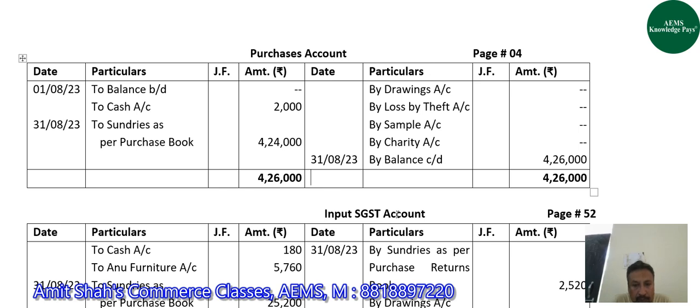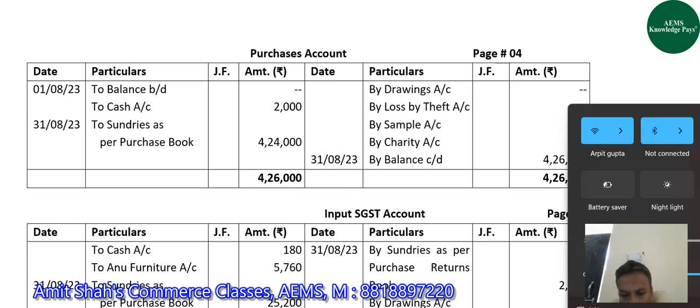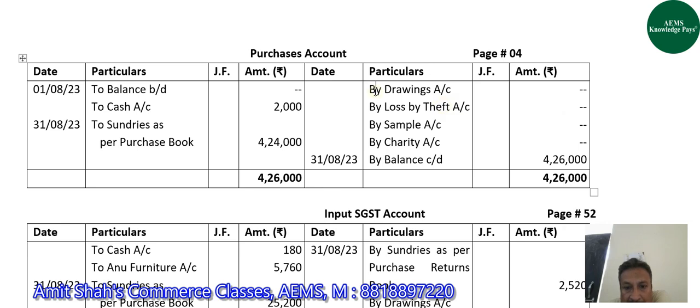Sir, in the ledger, all the cash transactions are there, not the credit ones. Sorry? Yes, Aryan? Sir, but the purchases we have made on credit are not in the ledger. This one you're talking about? Sir, these are cash transactions. Which one? Drawings, loss by theft, sample, charity. No, no. See, I wrote them just to make you understand that on the credit side of the purchase account, these items can also be there.